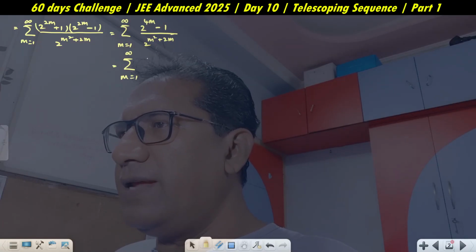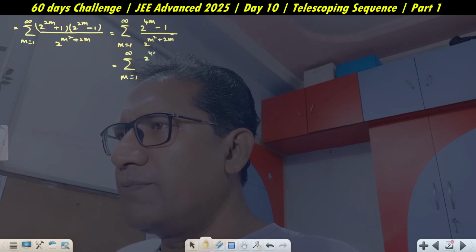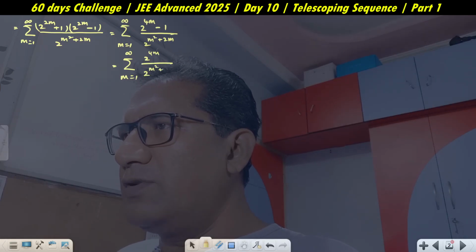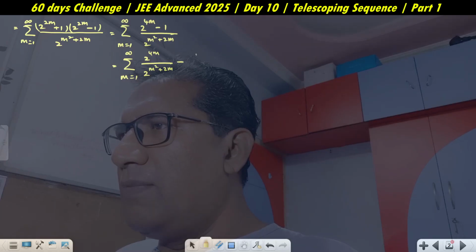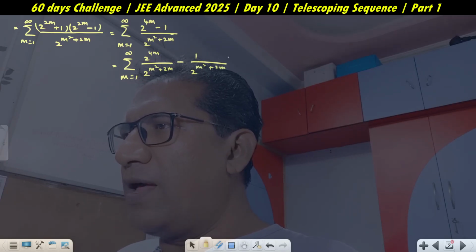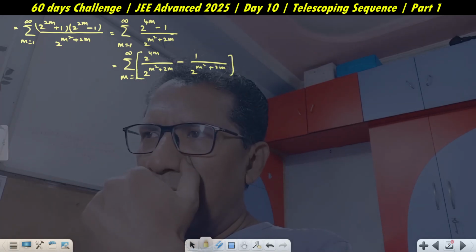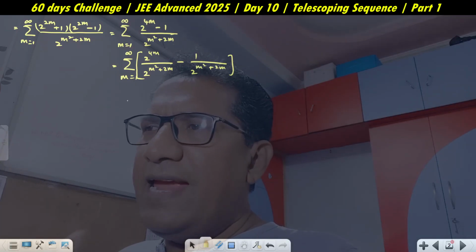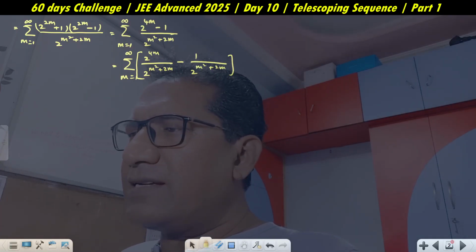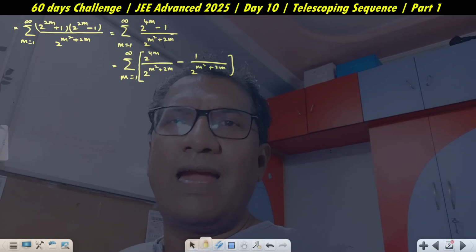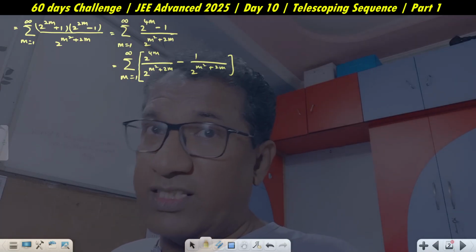1 till infinity, 2 to the power 4m divided by 2 to the power m square plus 2m, minus 1 over 2 to the power m square plus 2m. Correct? Now obviously here it is clearly indicating that it requires the telescopic method to find out its sum.